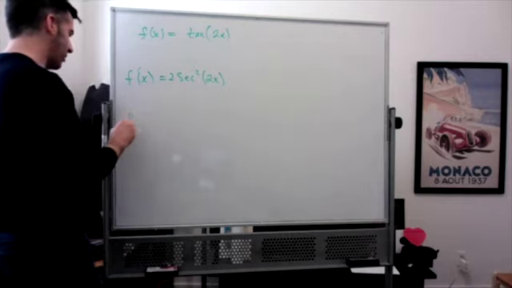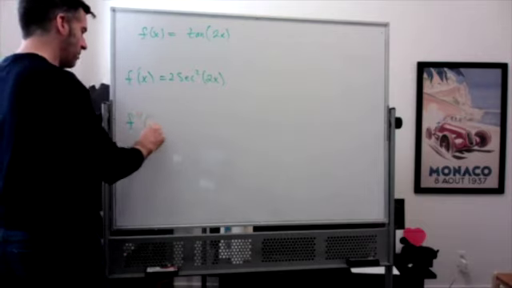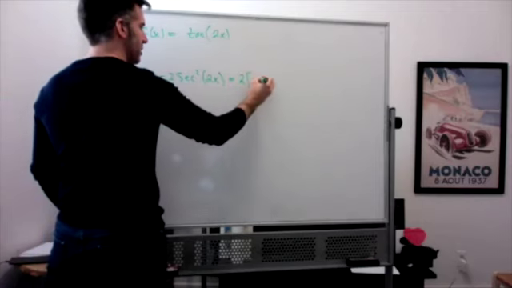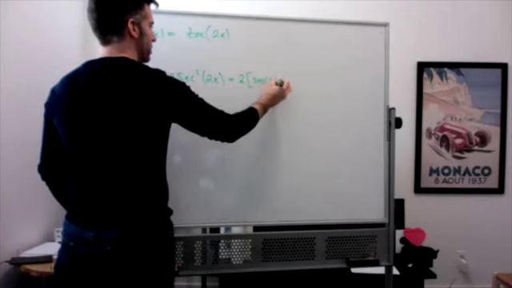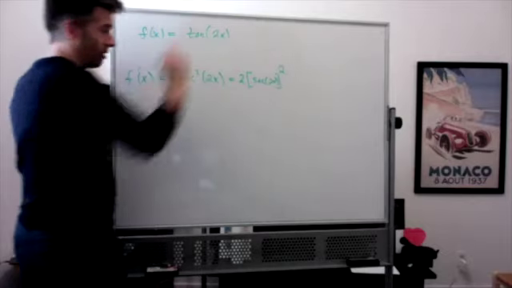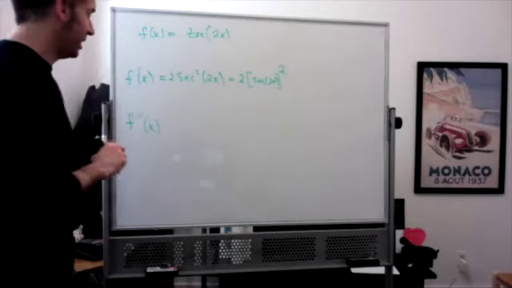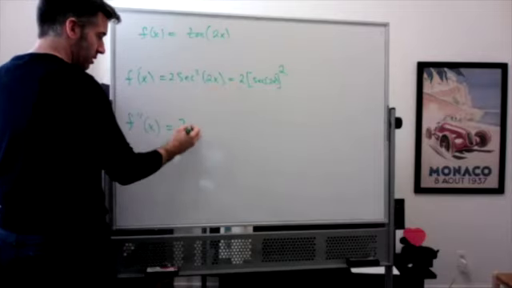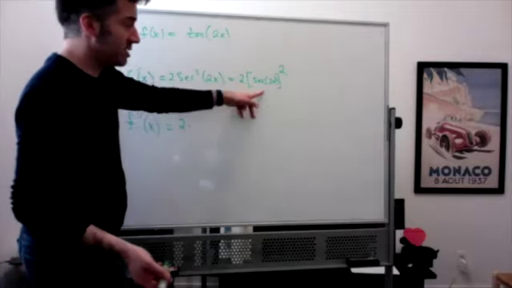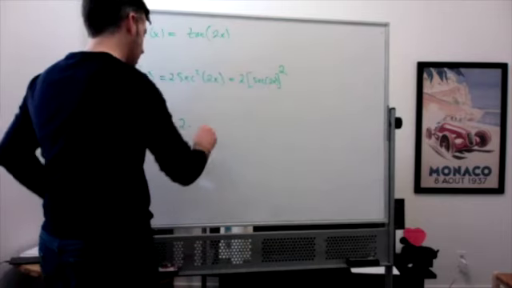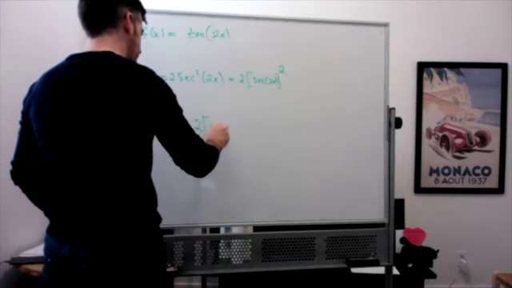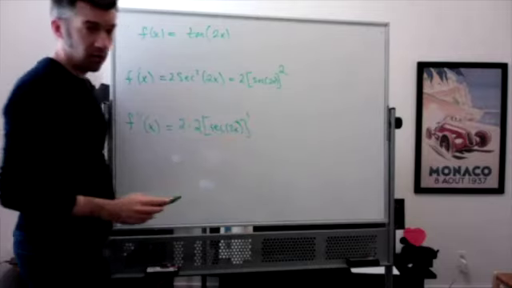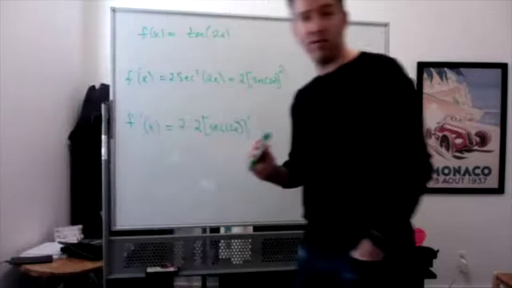So now for f double prime. It might be helpful to remember that this is 2 times secant of 2x quantity squared. So when I take the derivative, the constant multiple in front just stays, and the derivative of some stuff squared is 2 times our stuff to the first power times the derivative of that stuff.